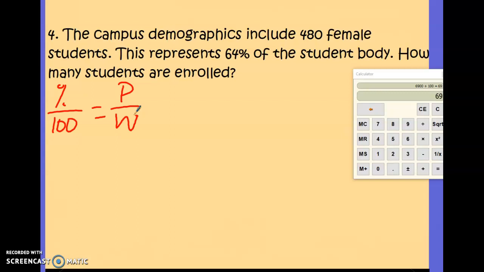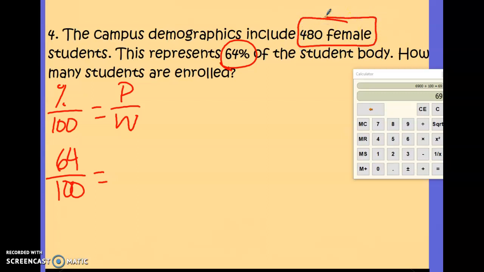I've got 64%, so 64 out of 100. We're trying to find how many total students are enrolled. We've got 480, so this is actually going to be our part: 480 out of our total number enrolled.